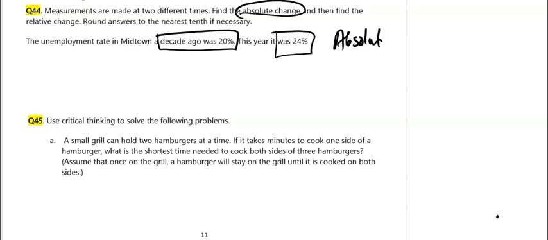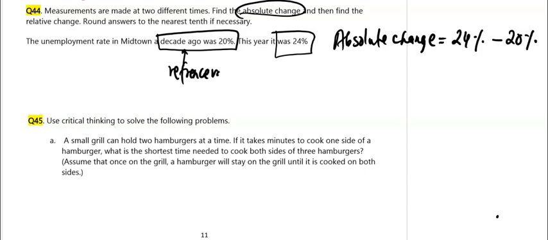So absolute change equals 24% minus 20%. Again, the decade ago value is the reference value, and the 24% is the new value. Now this year is 24%. This is the new value.